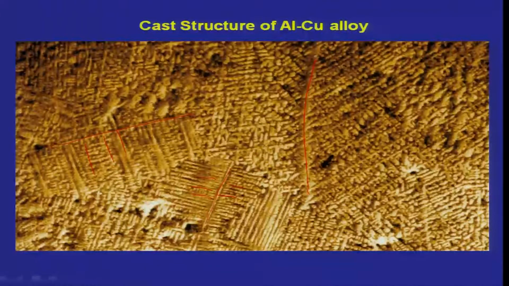Each of these is known as a dendrite in 2 dimensions. You see they are branch like or tree like structures. The word dendrite comes from dendron in Greek, which means tree. So anything which is a tree like structure in a solidified product or microstructure is known as a dendrite. As I have said, it looks like a pine tree, and it has side branches coming out from the main branch.